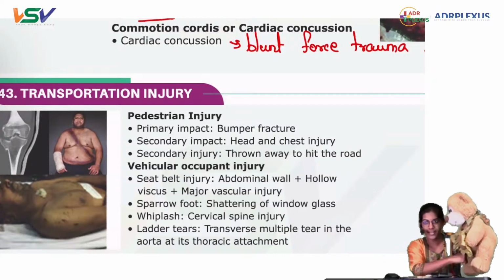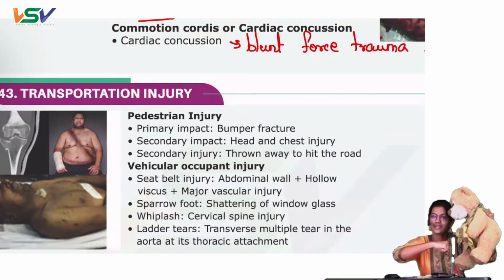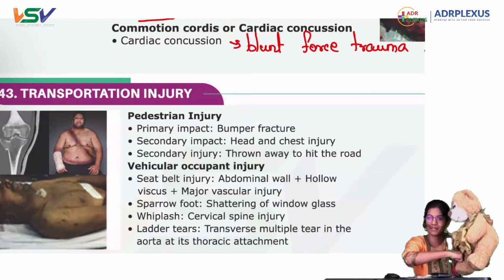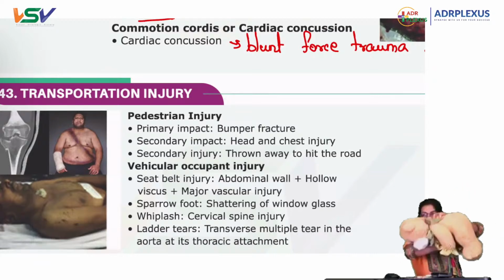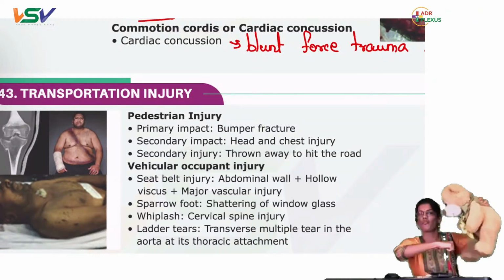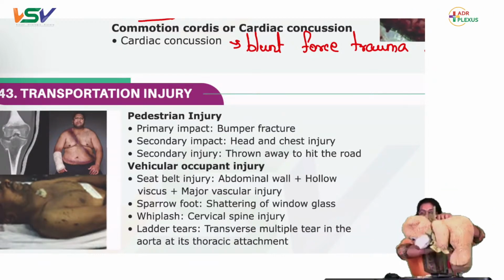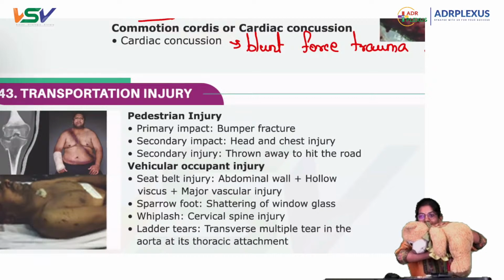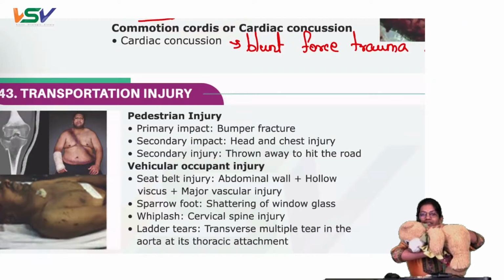The bumper hits the lower limb. Once the bumper hits the lower limb, the primary injury has happened. Now, Brownie falls on the bonnet. Secondary injury. What hits the bonnet? The head and the chest, producing the secondary impact.